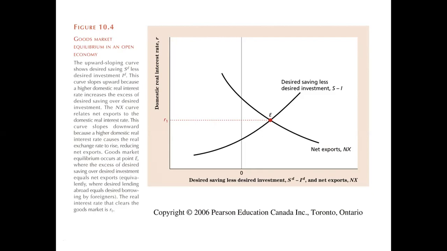On the other hand, the NX or net exports curve in relation to the domestic real interest rate would go downward, because if we have a higher domestic real interest rate, then there would also be a higher real exchange rate. So there is a direct relationship between our real interest rate and our real exchange rate, just like the nominal exchange rate.